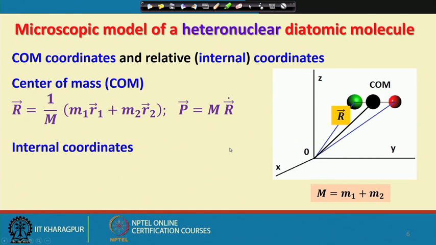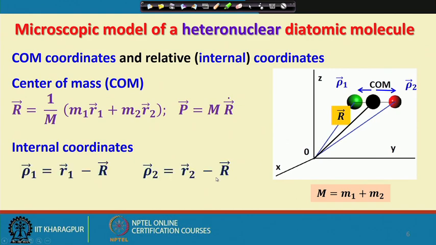Now, what do I mean by the internal coordinates? I find that with respect to the center of mass, atom 1 is now located at this position, which is given by this particular vector rho 1. Similarly, I can assign another vector to denote the position of atom 2 with respect to the center of mass, and these are now termed the internal coordinates, defined as rho 1 and rho 2.